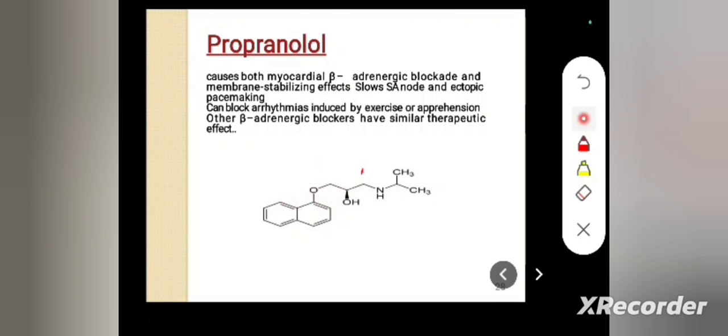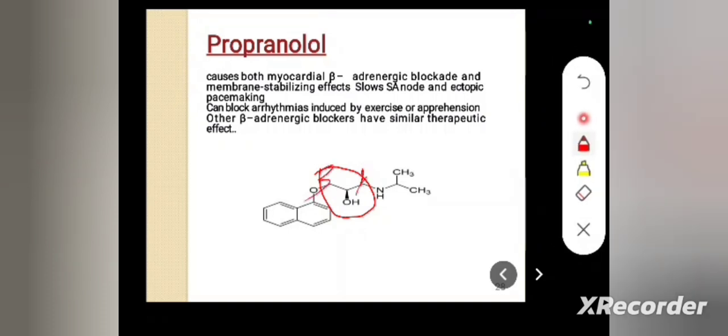Chemically, propranolol has propanol as the core structure. On that propanol there is a substitution. Consider this the first carbon and this the third carbon. At that carbon there is a substitution.